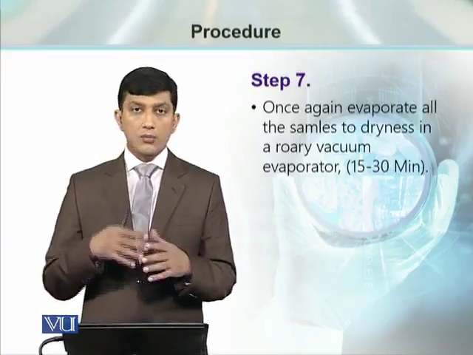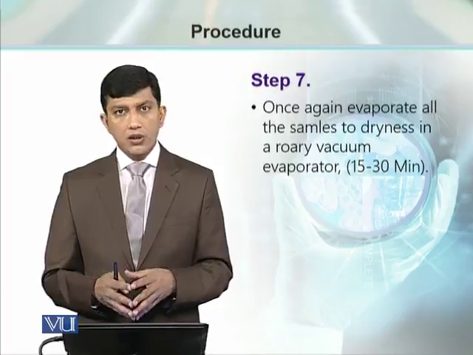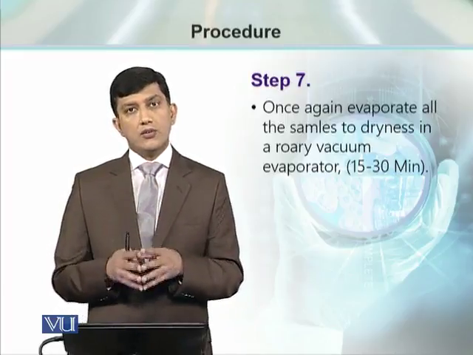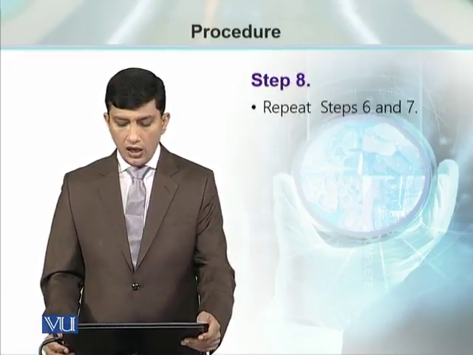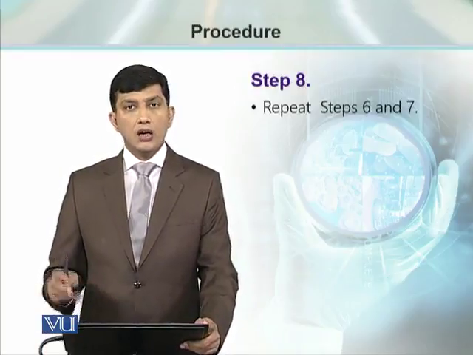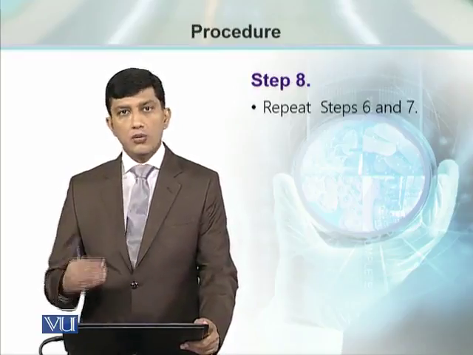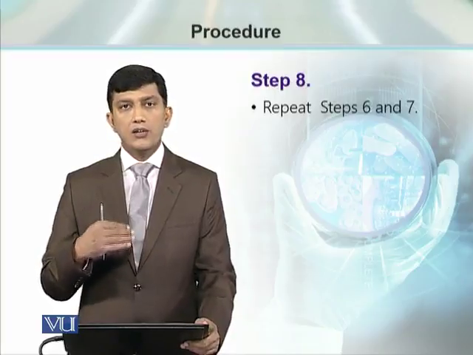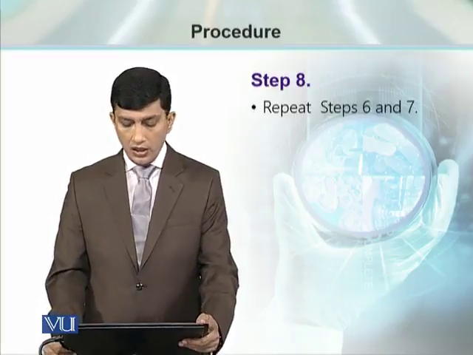Once again the process of the rotary evaporator and lyophilization is repeated, and for that purpose we subject the evaporation step to 15 to 30 minutes, and steps 6 and 7 are repeated until we are assured that the radiation has gone down, which can be determined by the handheld scintillation counter, a handheld equipment to determine radiation.